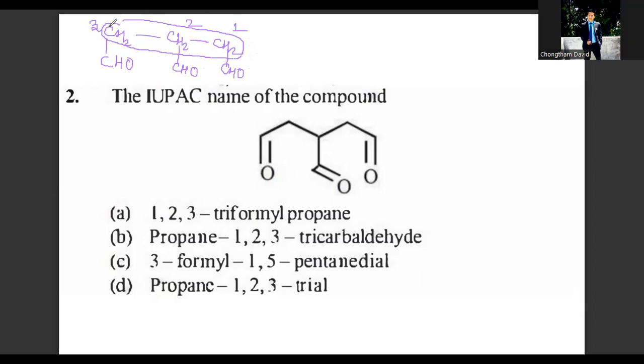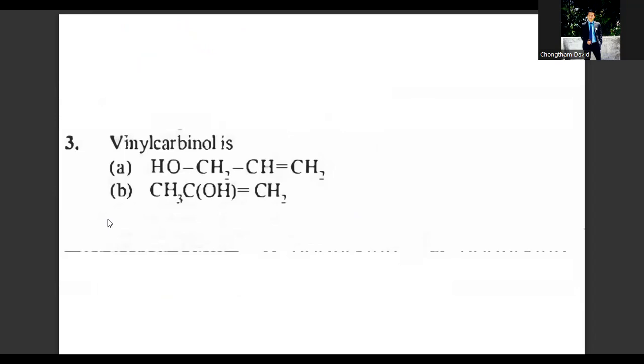So the name for this compound will be 1, 2, 3 tricarbaldehyde. For question number 2, the answer is propane 1, 2, 3 tricarbaldehyde. Question number 2, option B is the correct answer. I hope this is clear for all of you. Let's see question number 3.